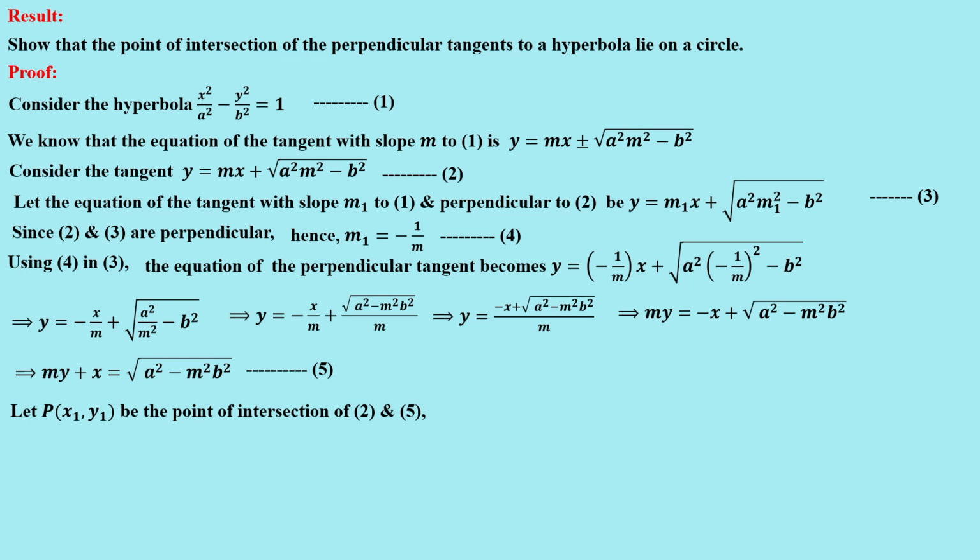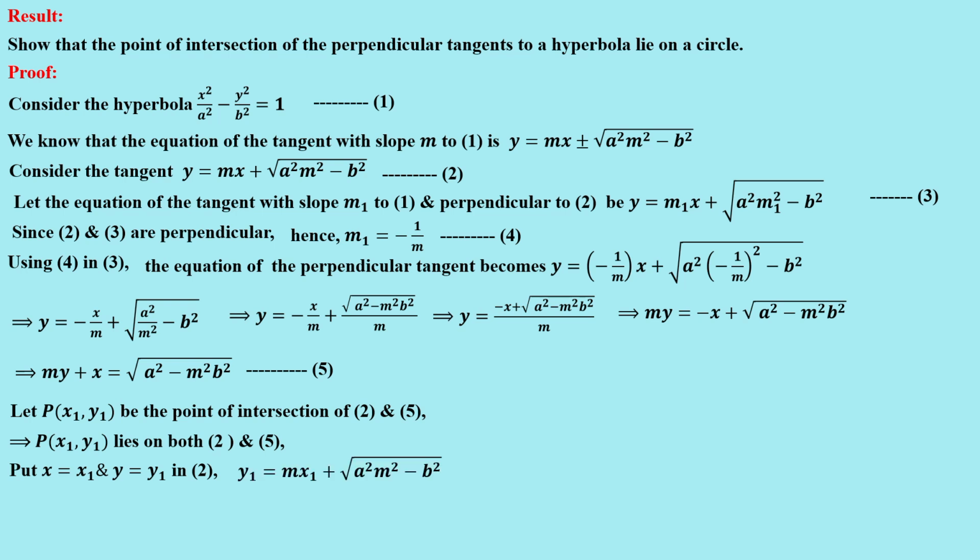Right? So first is tangent 2 and the perpendicular tangent. Right? That is 5. So 2 and 5. So P(x1, y1) lies on both equation 2 and equation 5. Right? So put x equal to x1 and y equal to y1 in 2. So we will get y1 equal to mx1 plus root of a square m square minus b square.